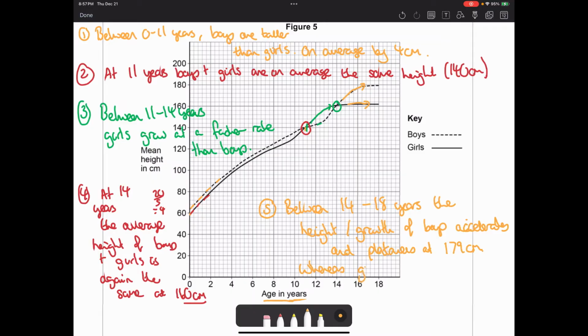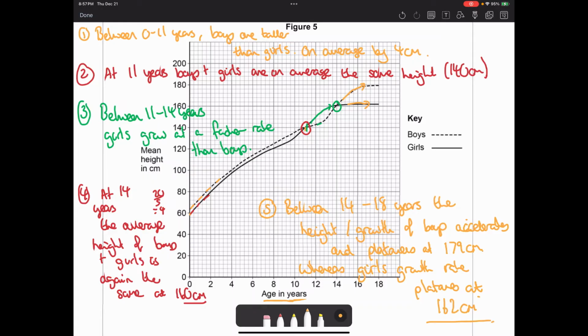Whereas girls' growth rate plateaus at 162 centimetres.